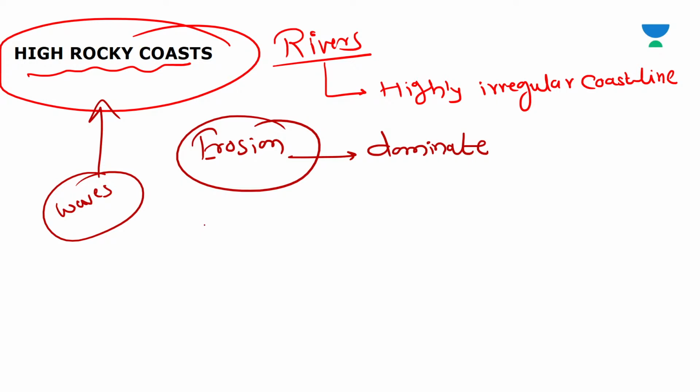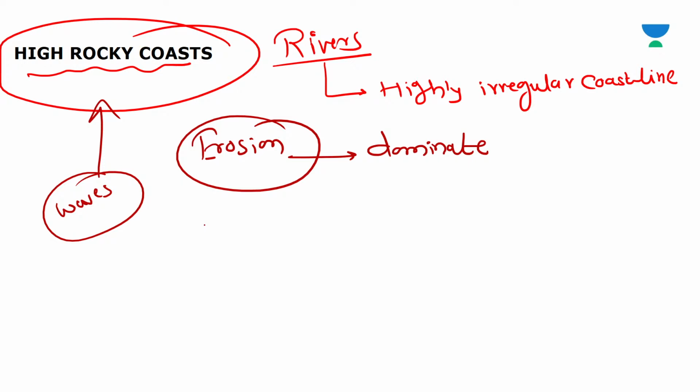Now, waves gradually minimize the irregularities along the shore. The materials which fall off and are removed from the sea cliffs gradually break into smaller fragments, roll to roundness, and get deposited in the offshore.